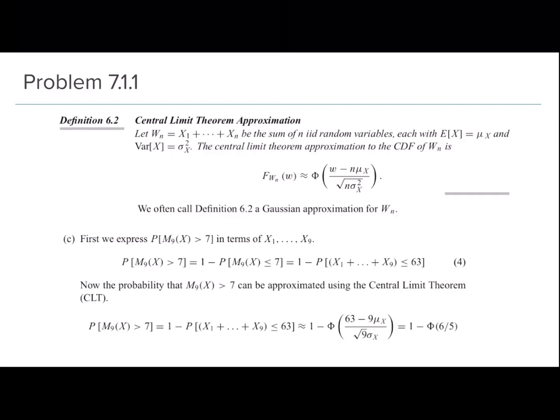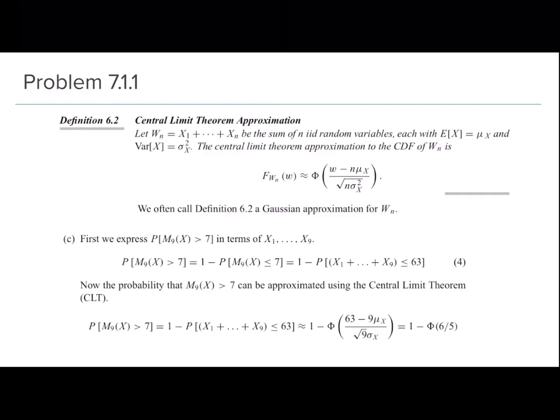So what we have to find is the probability that M9(X) is greater than 7. So what is M9(X)? It is equal to (X1 + X2 + ... + X9) divided by 9, and the probability that M9(X) is greater than 7 is the same as 1 minus the probability that M9(X) is less than or equal to 7. Like I mentioned, M9(X) is nothing but (X1 + X2 + ... + X9) divided by 9.